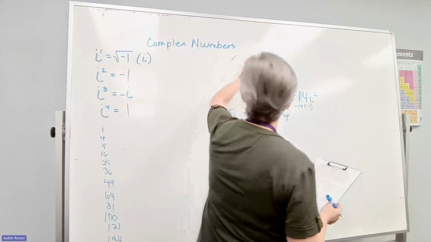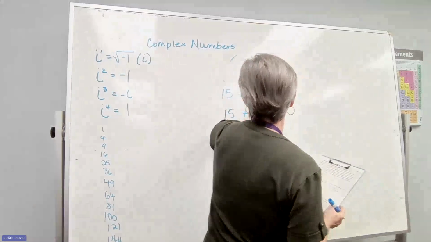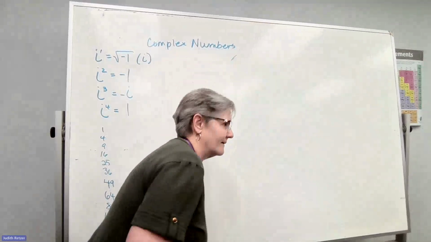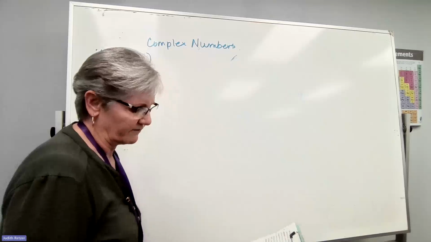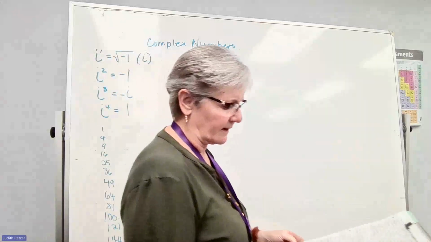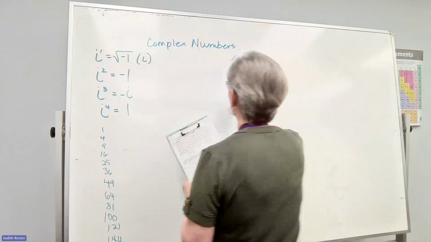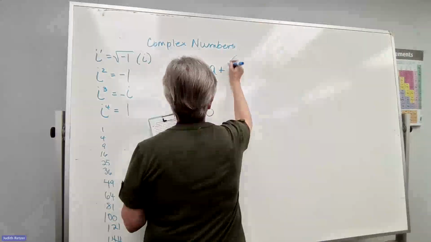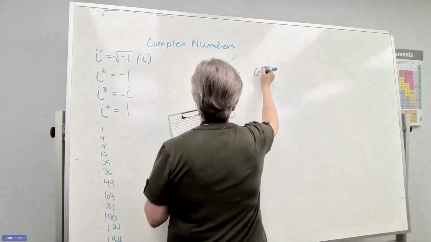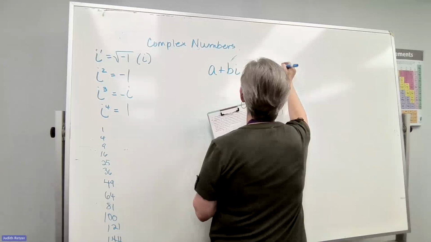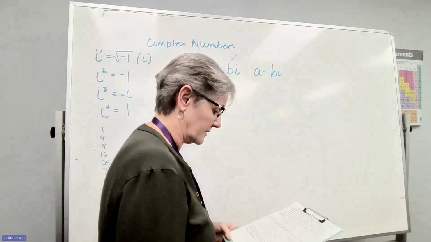Okay, last concept. This is probably the trickiest one. We're dividing. When dividing a complex number, you cannot have a complex number in the denominator. You need a conjugate. So a plus bi and a minus bi are conjugates.